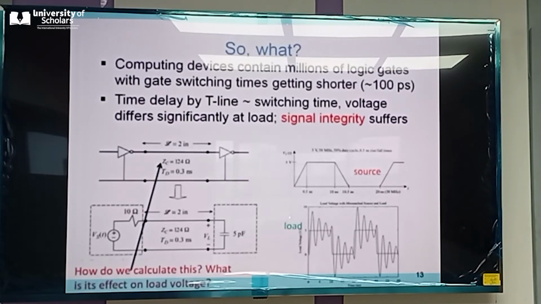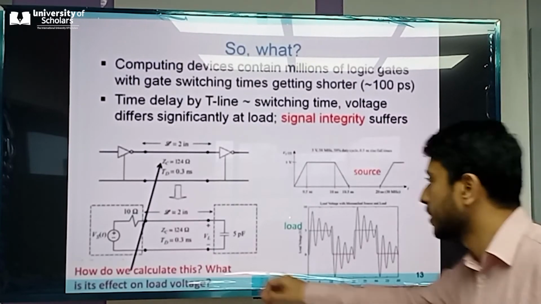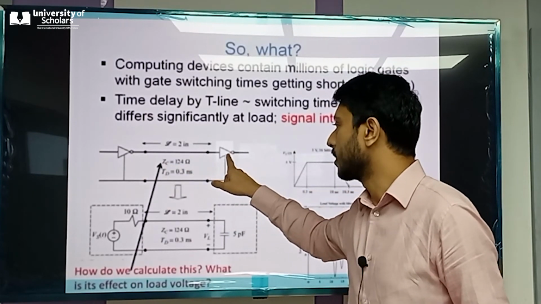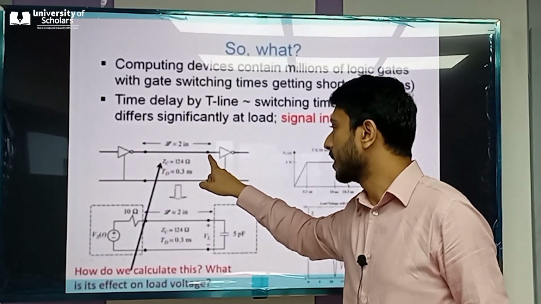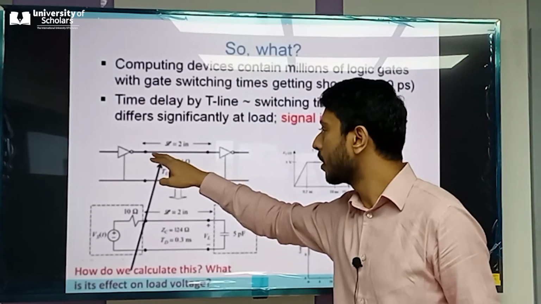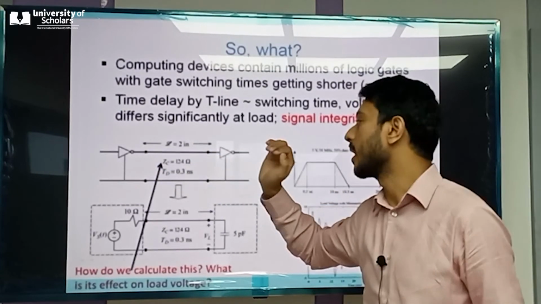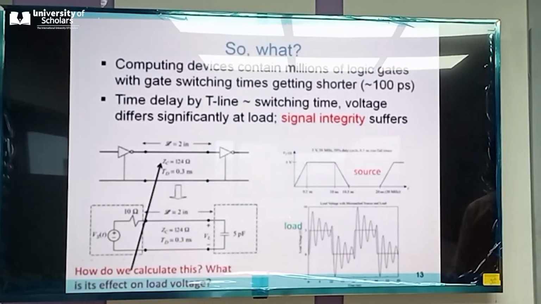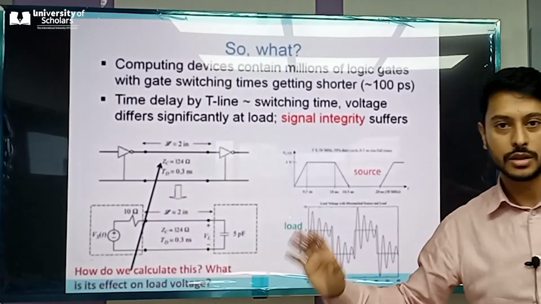Now, if the interconnect is such that the delay of the interconnect itself is about 200 picoseconds, there are two gates. This is one gate, this is another gate. The distance between them, we are calling an interconnect from this point to this point, or you can call it a transmission line as well. So there should be a delay.